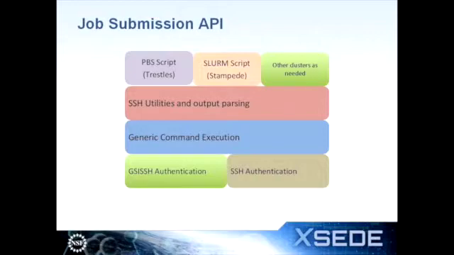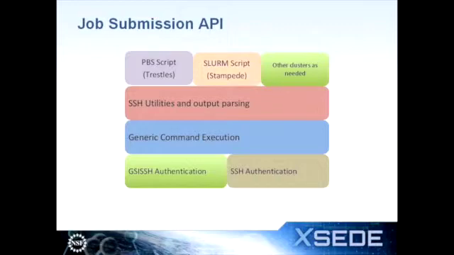So this is the structure of the job submission API. We have inbuilt support for GSI-SSH authentication and SSH authentication. With SSH authentication, you can use a username and password, or public-private keys.